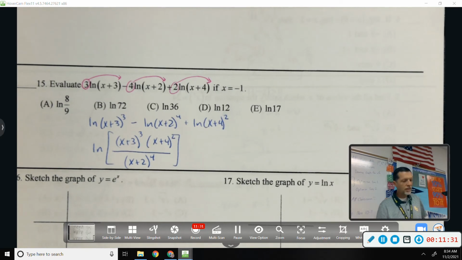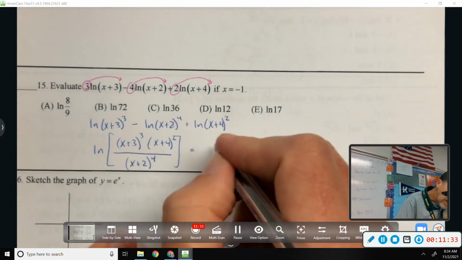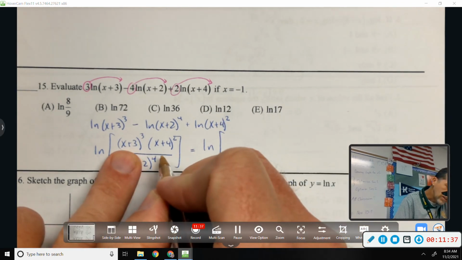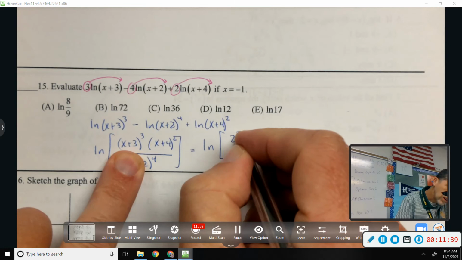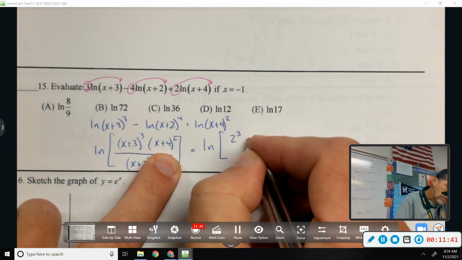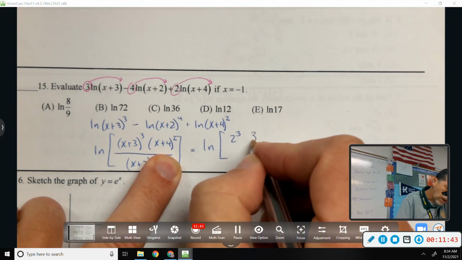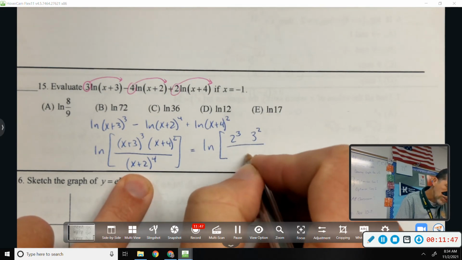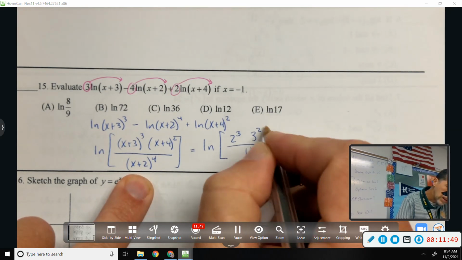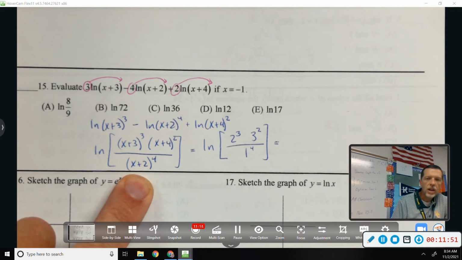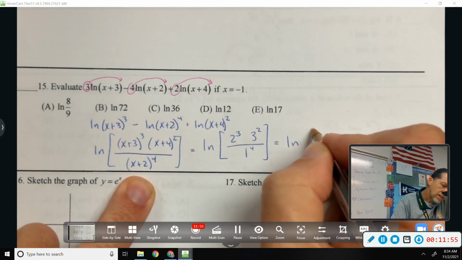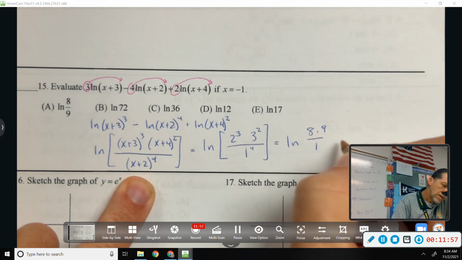Now I'll put -1 in. And just be super careful here. Let's see, -1 plus 3 is 2. -1 plus 4 is 3. -1 plus 2 is 1. So let's see, 8 times 9 divided by 1.